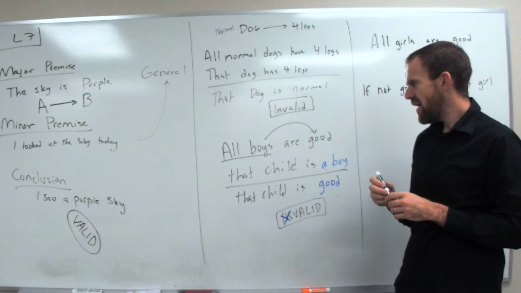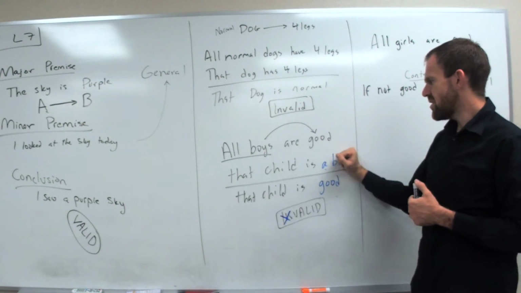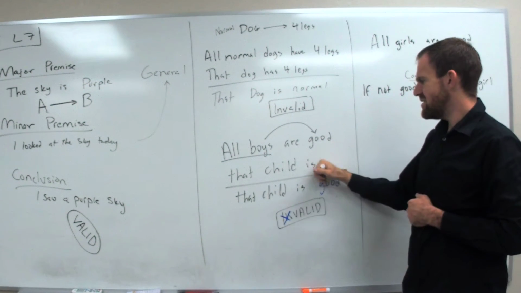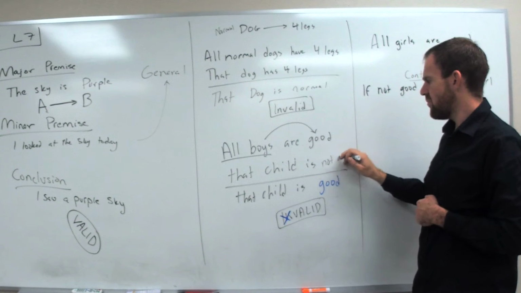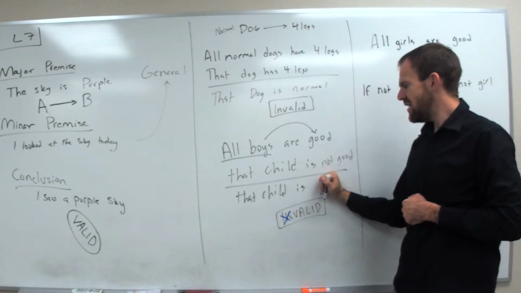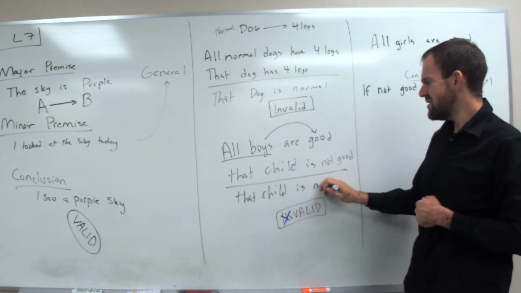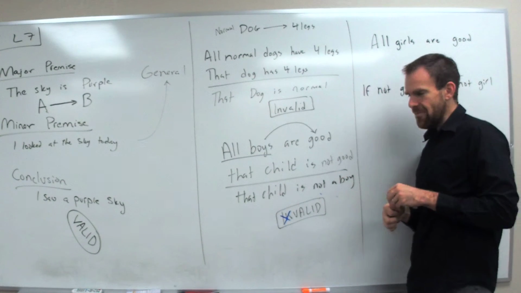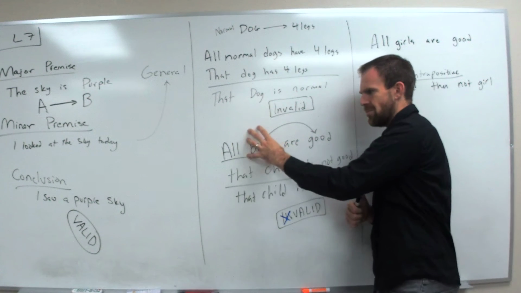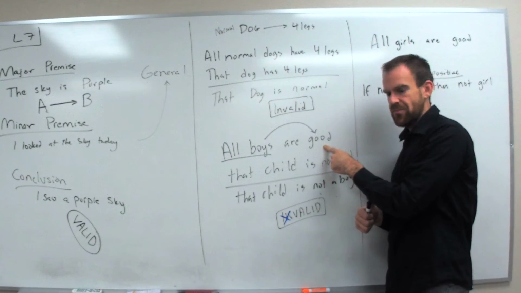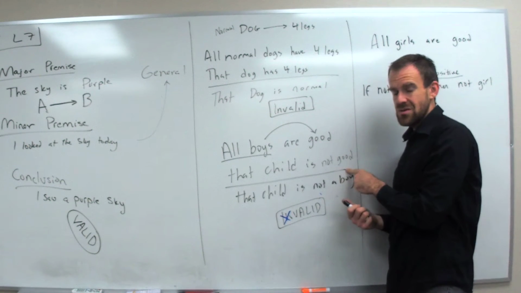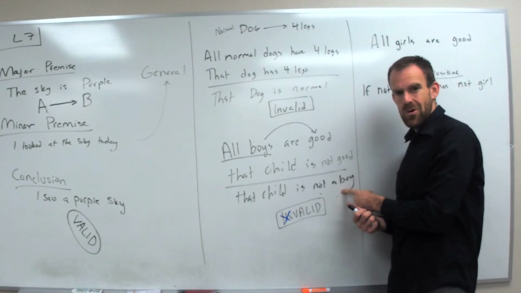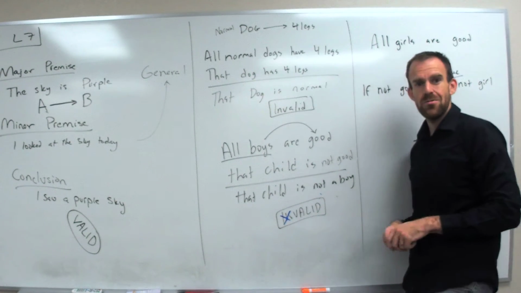So, if I said all boys are good, and I said that child is not good, then it is valid to say that that child is not a boy. Why? If there's a boy, then that boy is good. This one's not good, so it can't be a boy. So that would also be valid reasoning.